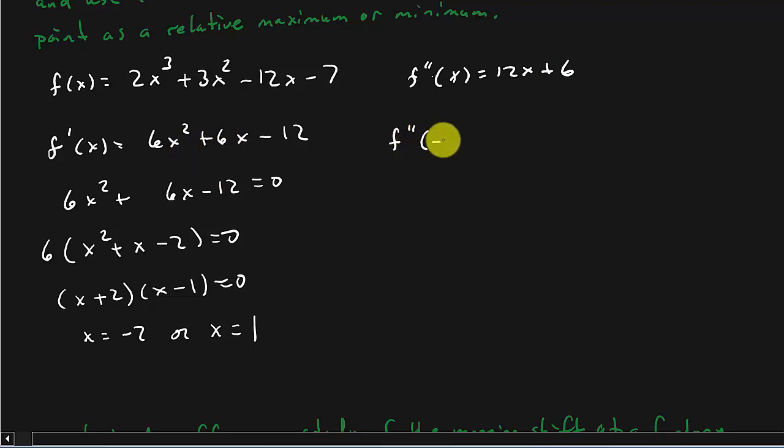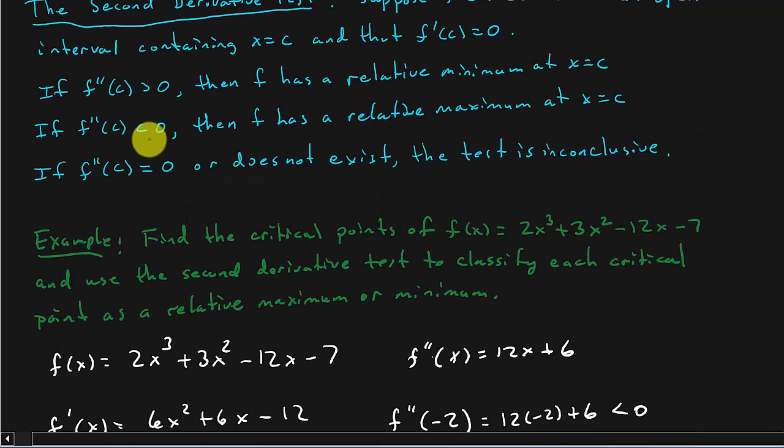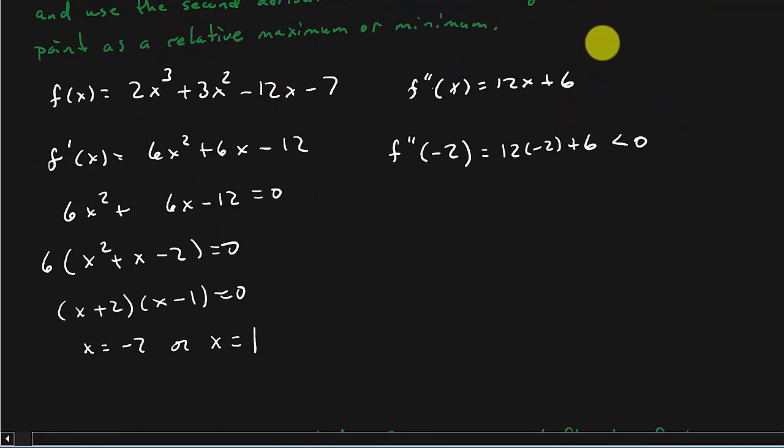And so if we do f double prime of negative 2, that's going to be 12 times negative 2 plus 6. I can see that's negative 24 plus 6, which is negative, less than 0. And so what does it say? If the second derivative is less than 0, then you have a relative maximum there.